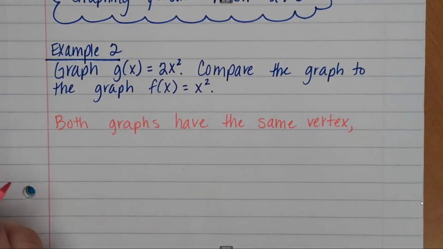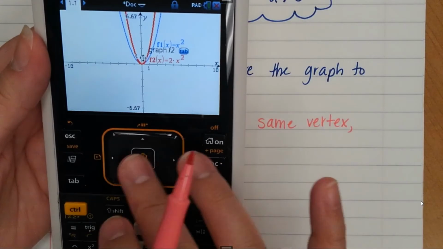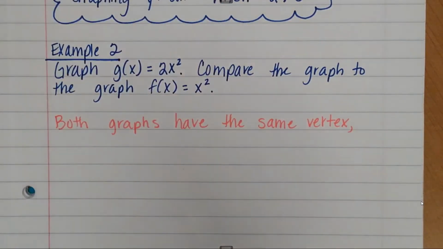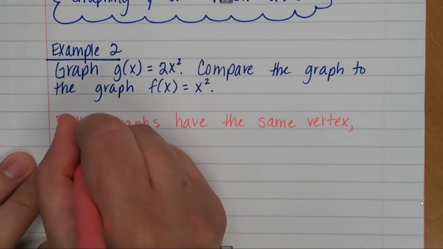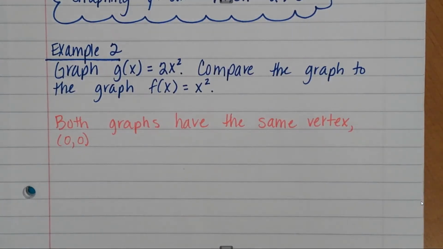And can you guys tell me what is the vertex for both of them? What is it? You're right. It's 0 and 0. Okay. So remember, you're saying it as a location, right? The x and the y. So it's 0 and 0.